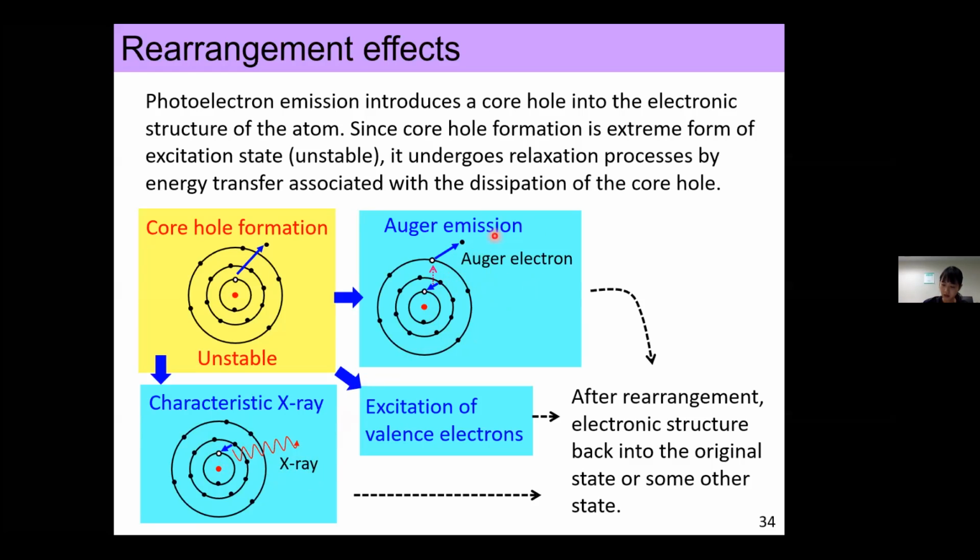This electron is called an Auger electron. Core hole formation can also lead to excitation of valence electrons. These can relax back into their original state or some other states. Rearrangement effects influence the kinetic energy of the photoelectron when it departs from its atom or ion.